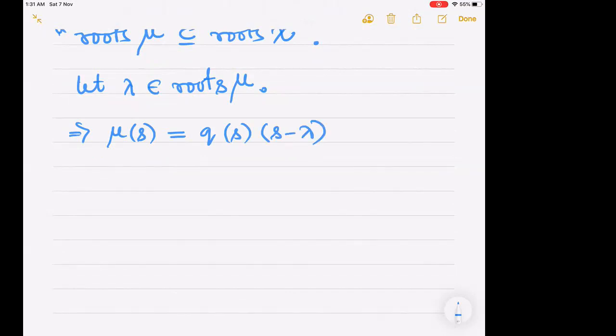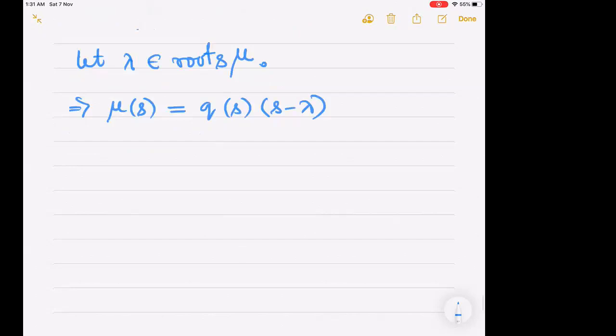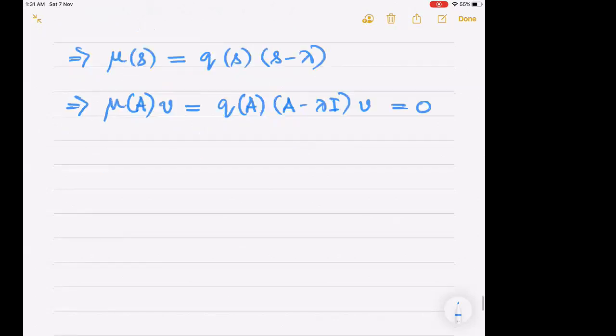Now, this implies mu(A) v is equal to q(A) (A minus lambda I) v. This must be 0 because mu(A) is 0. But now here is the thing.